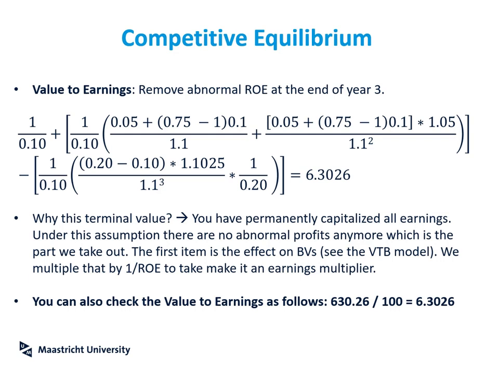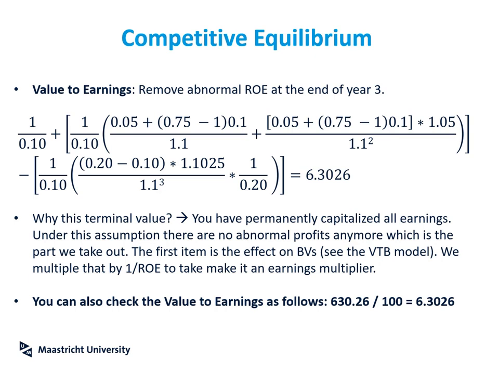We can turn this into an earnings multiple by multiplying this with 1 over the return on equity, which was 20%. So by doing so, we turn the value to book ratio into a value to earnings ratio. And then what we have to do is we have to remove this, because we say that there are no abnormal profits anymore after the forecast horizon.